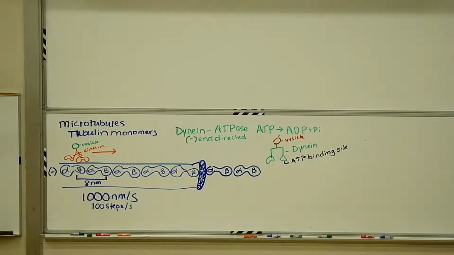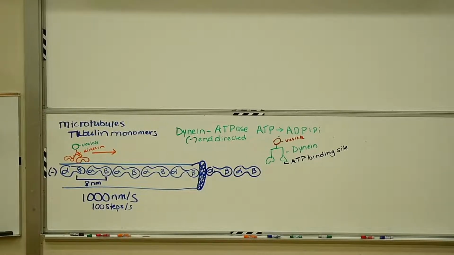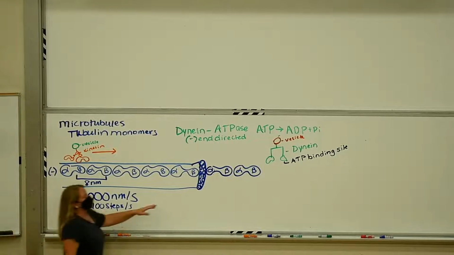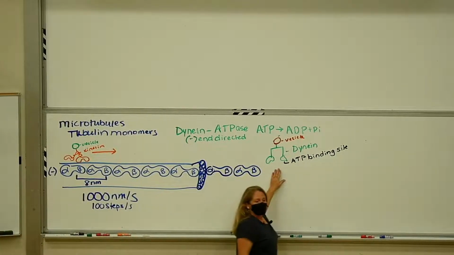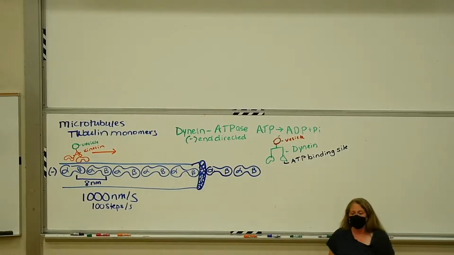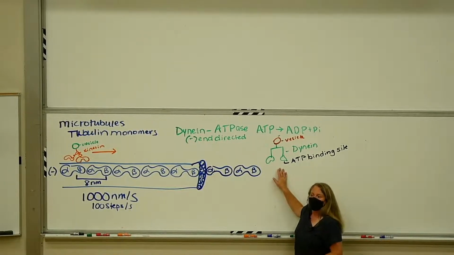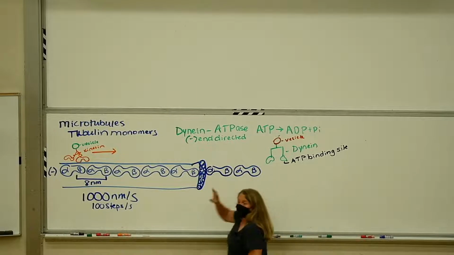Yes? When the foot on the dynein or the kinesin is off of the microtubule, is that when it has ATP, or is that when it has ADP and phosphate? So we're not going to talk about the exact mechanism of dynein the way we did kinesin. That was the one example we gave you. I know it's a different mechanism, so I'm not entirely sure how it works.